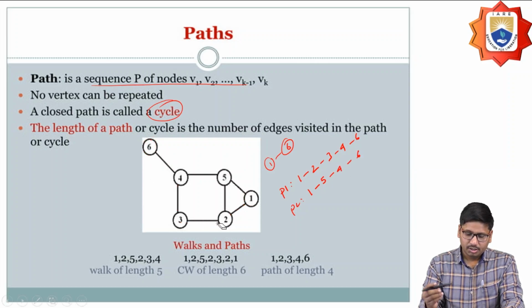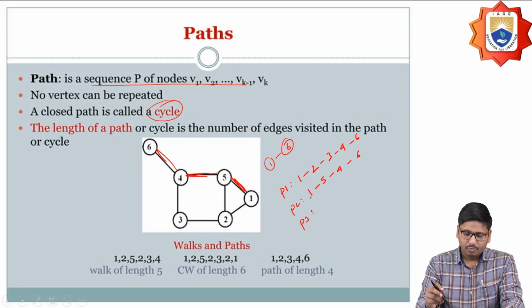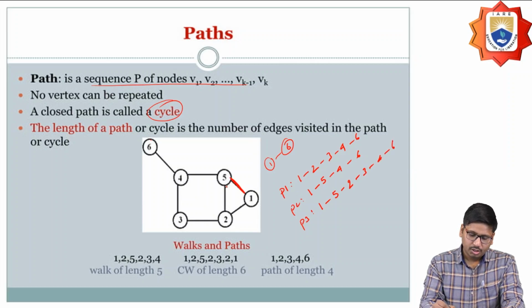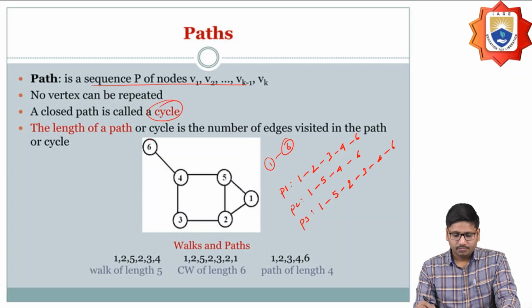One more path I can construct here is 1 to 5, 5 to 2, 2 to 3, 3 to 4, and then 4 to 6. So these are the various paths that can reach from 1 to 6.